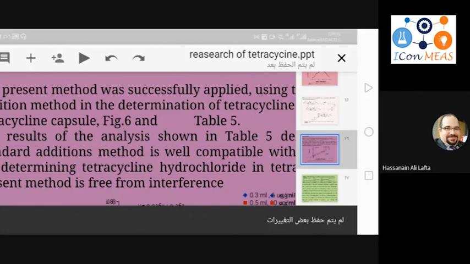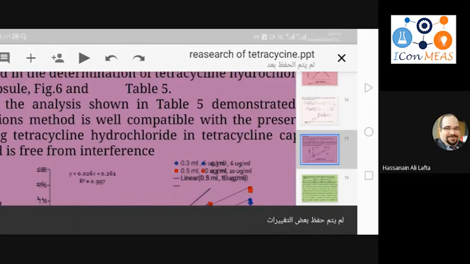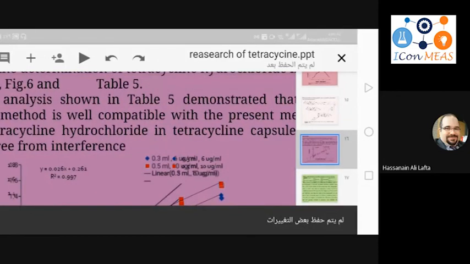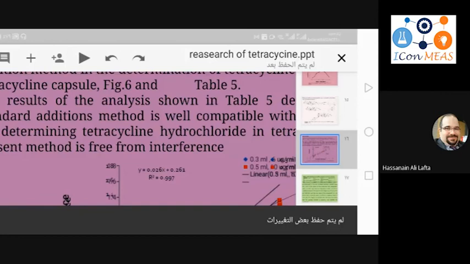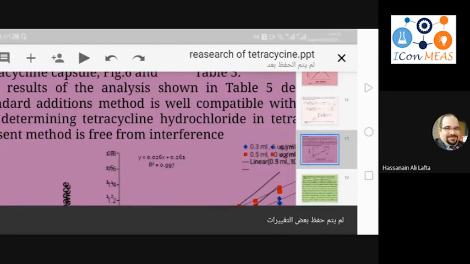The results are shown in figure 6 and table 5. The results of the analysis shown in table 5 demonstrate that the standard addition method is well compatible with the present method for determining tetracycline hydrochloride in tetracycline capsules, and that the present method is free from interference.